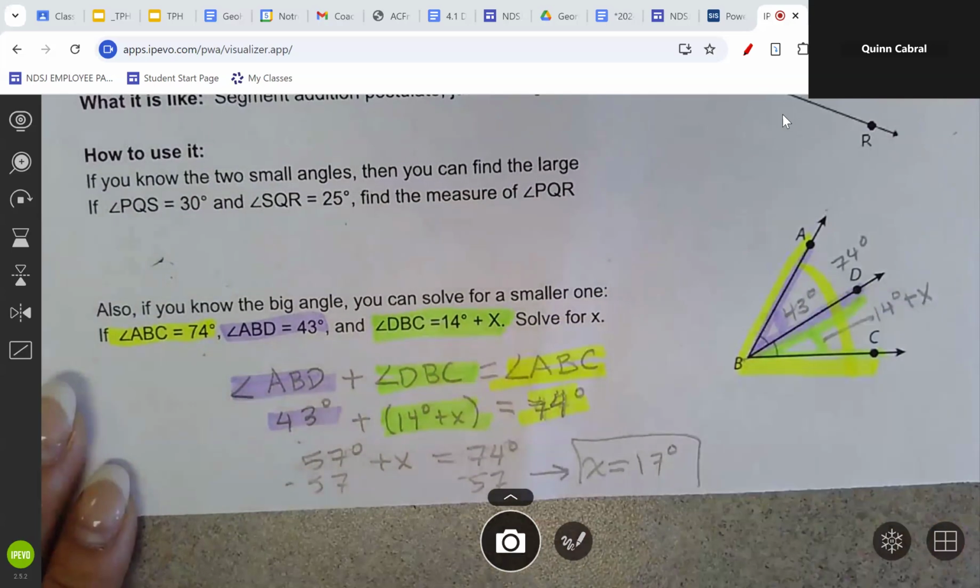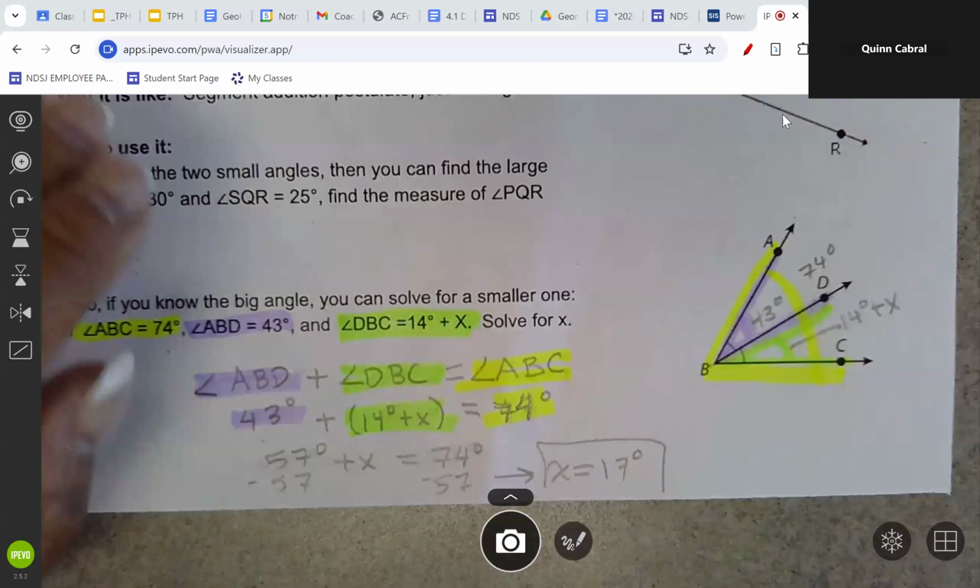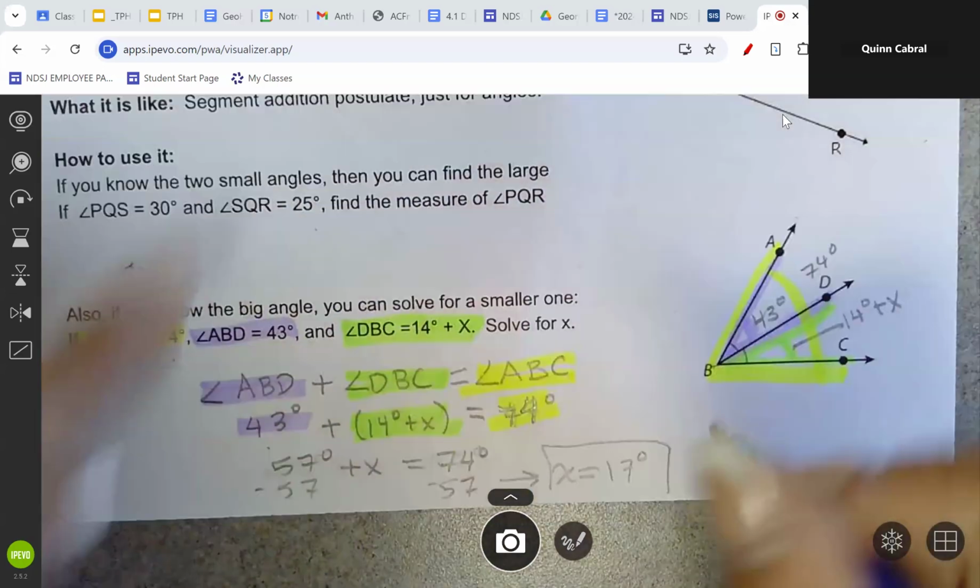The last thing I want to include is sometimes you'll see a problem that asks you to find angle DBC.